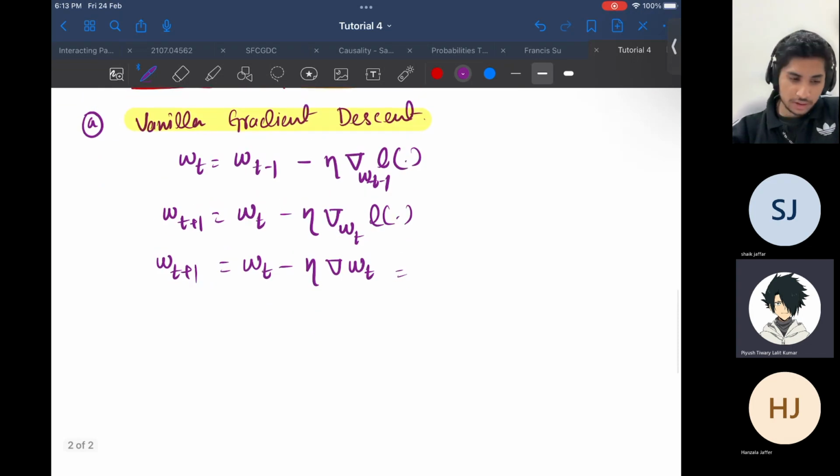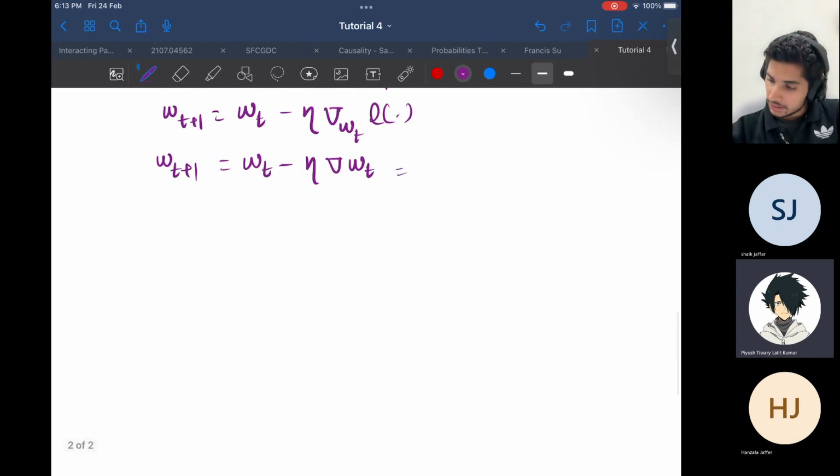But we saw that there are problems with vanilla gradient descent, in particular when the curvature of your loss landscape is very flat. Let's say you have some loss function which looks something like this. So perhaps here is your minima. However, you are starting from here.